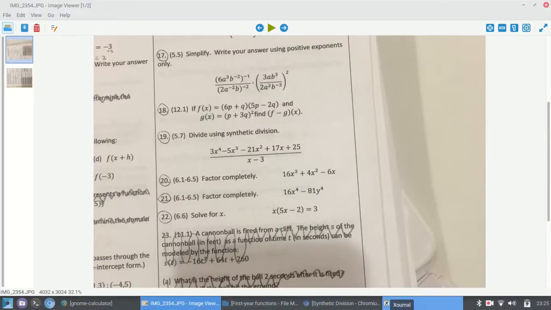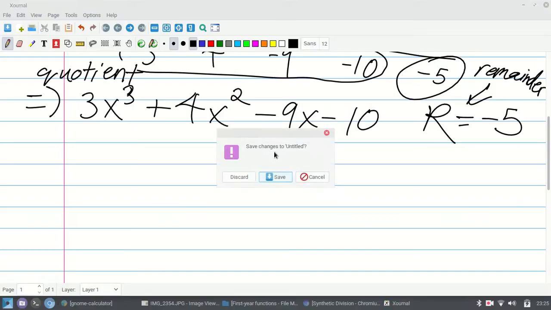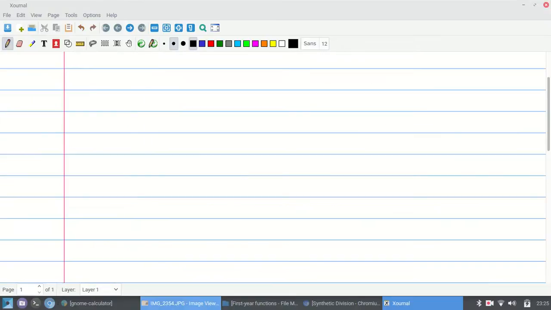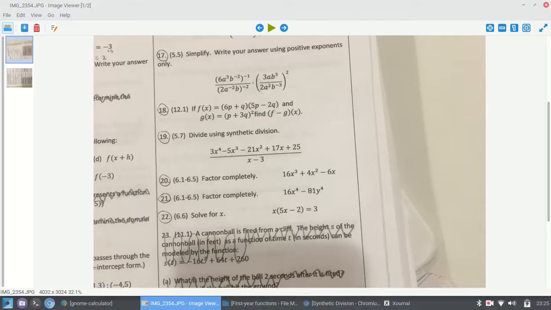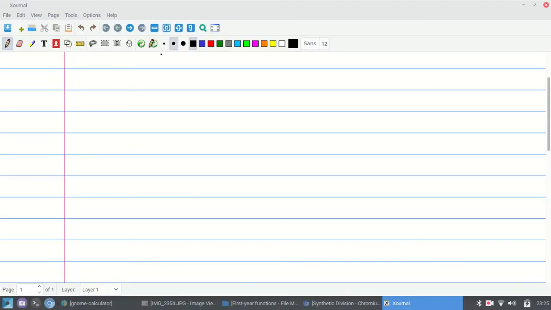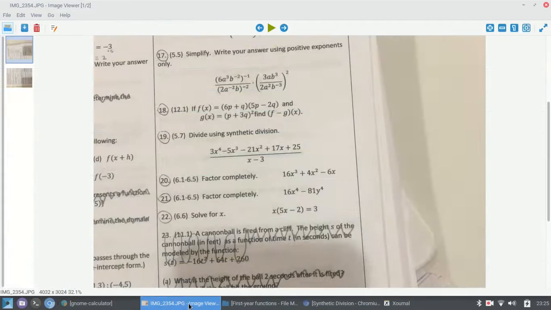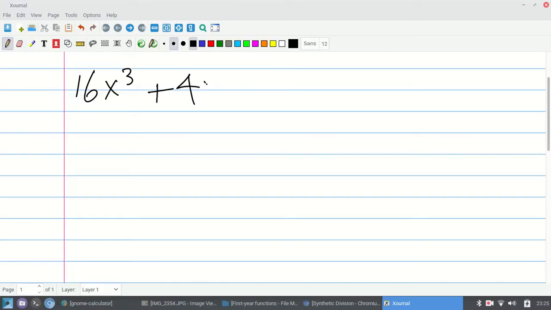Factor completely. Okay. So factor completely. 16x cubed plus 4x squared minus 6x. Okay. Now, there's a common factor, right?